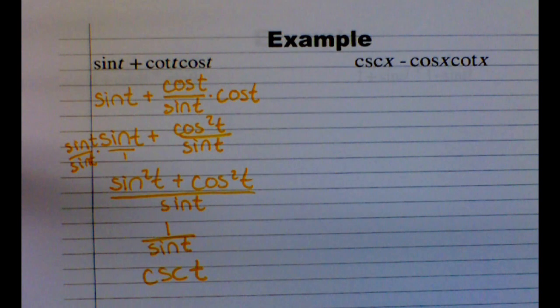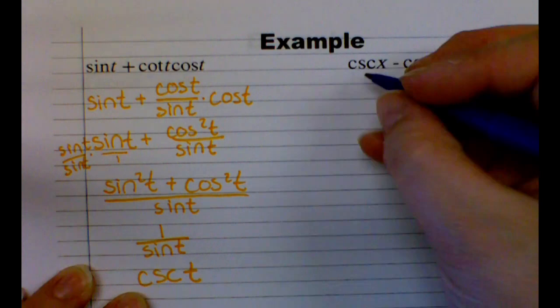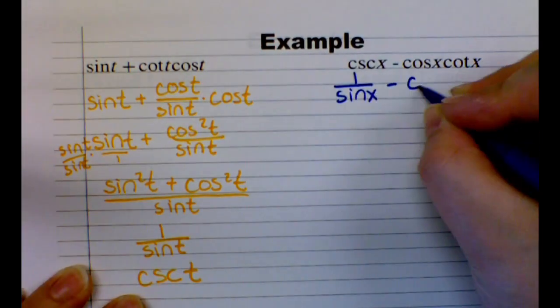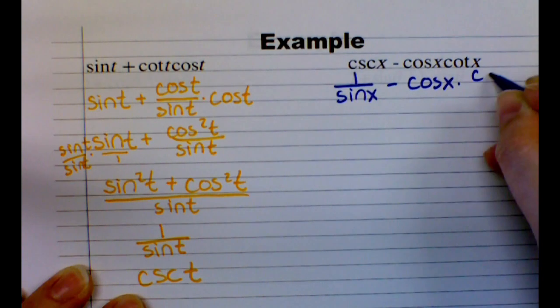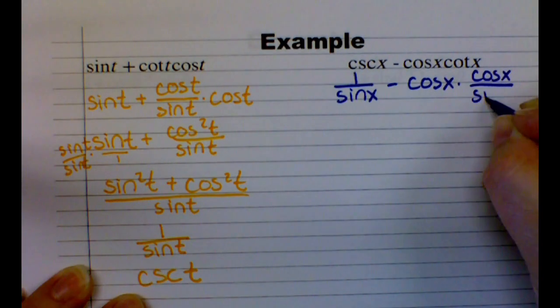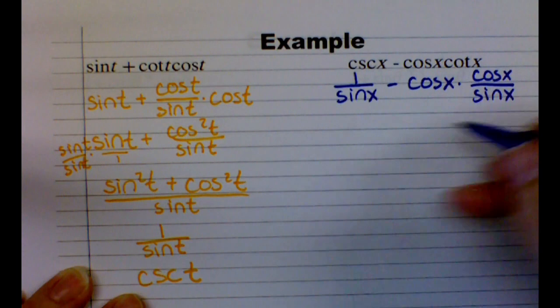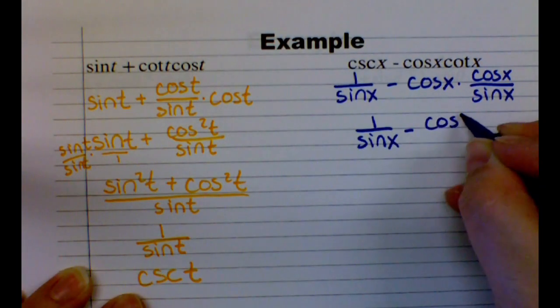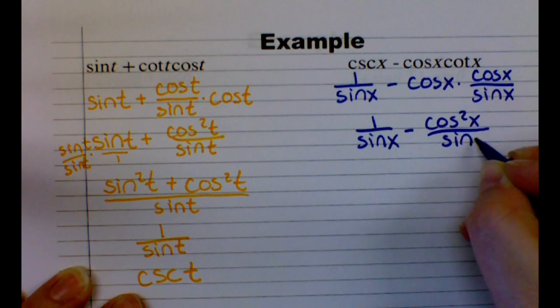All right, the next one, I have cosecant of x minus cosine of x times cotangent of x. When in doubt, turn everything into sines and cosines. So I have 1 over sine of x minus cosine of x times cosine of x over sine of x. I can combine that, so I have 1 over sine of x minus cosine squared of x over sine of x.